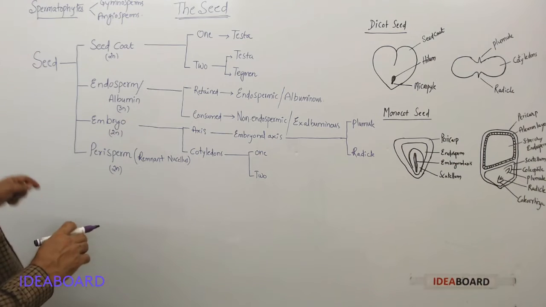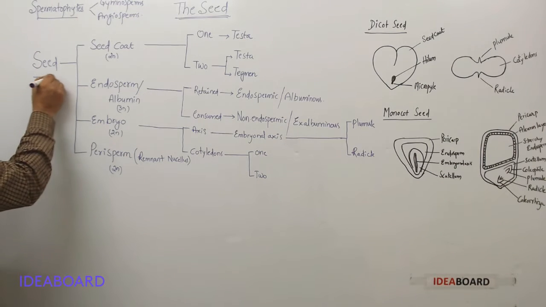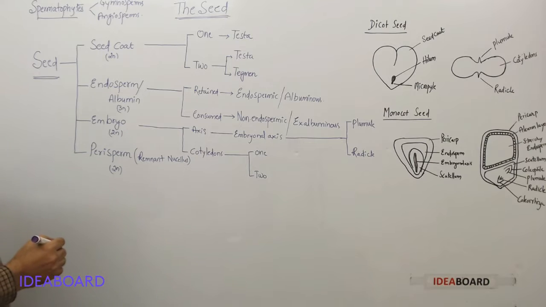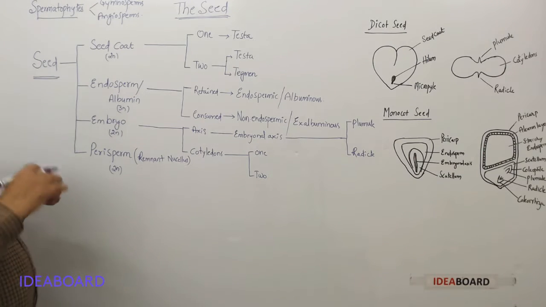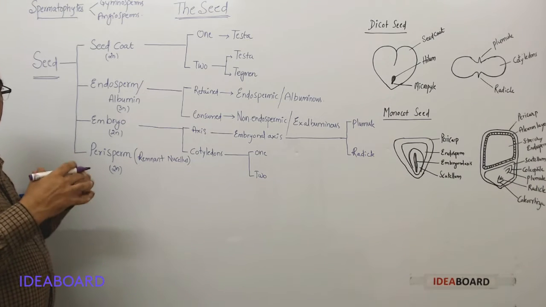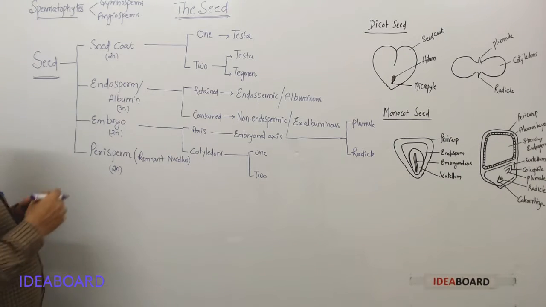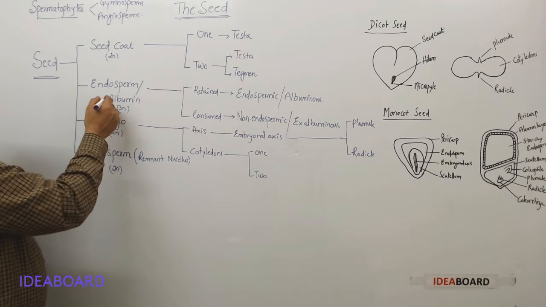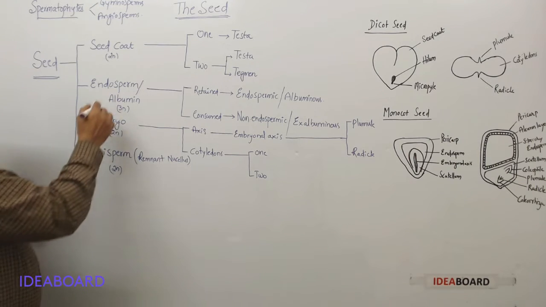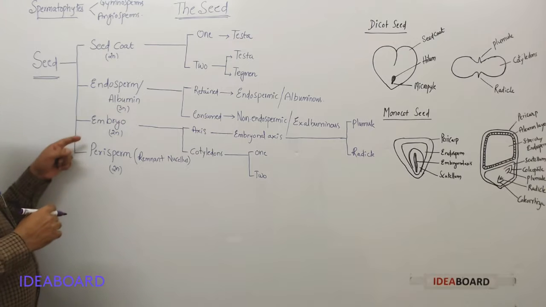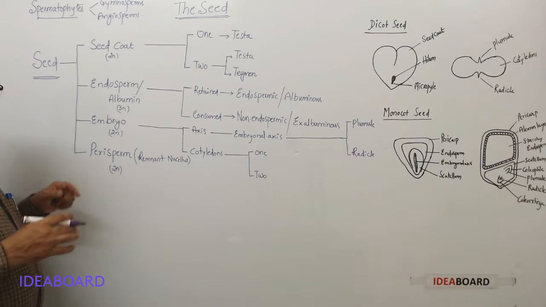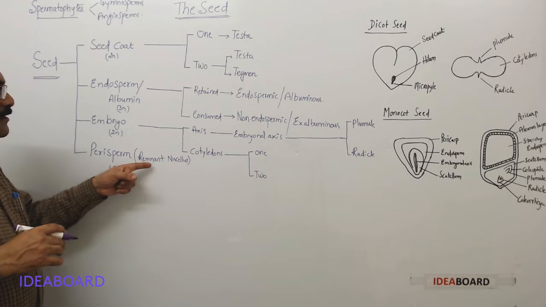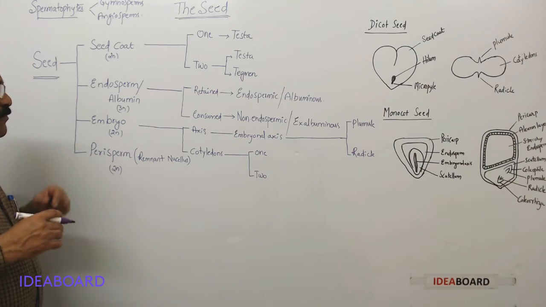And when we examine a typical seed or a model seed, what are the parts you will find in that seed? Outside you will find a covering, and that is called seed coat, and a nutritive tissue, which is called endosperm, and the new generation is in the form of embryo, and in some seeds you will find some remnant nucellus which is called perisperm.